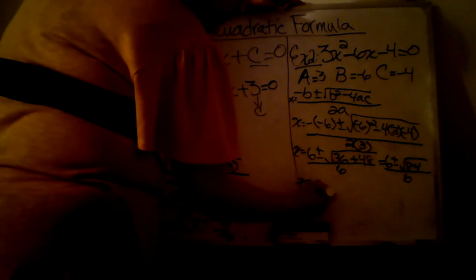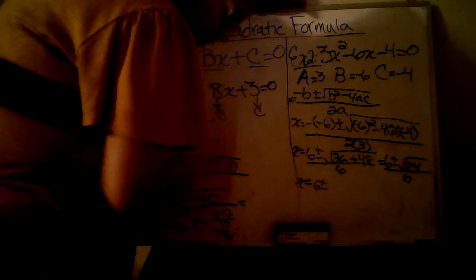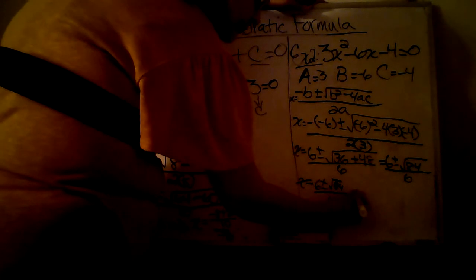So then we have 6 plus minus the square root of 84. We can actually just leave it like that for now. Square root of 84, all over 6.